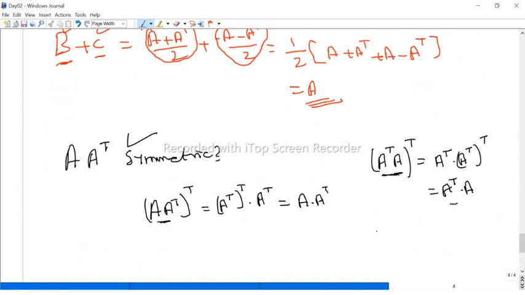Therefore A transpose A is also symmetric. If you take any square matrix, A into A transpose is symmetric, and A transpose A is also symmetric. So you should know how to check whether a matrix is symmetric or not: you take the transpose, apply the properties of transpose, and see whether you get the same matrix or not.